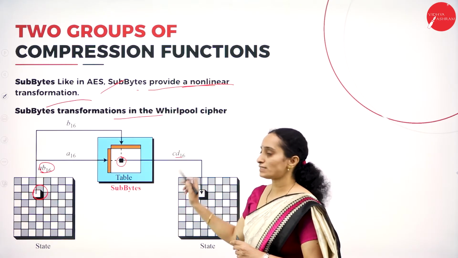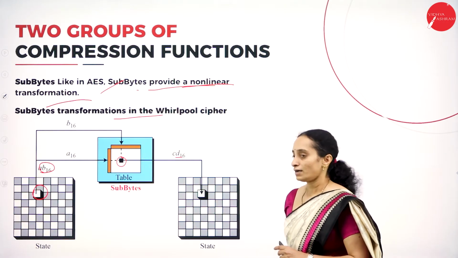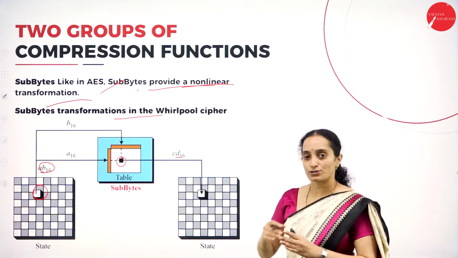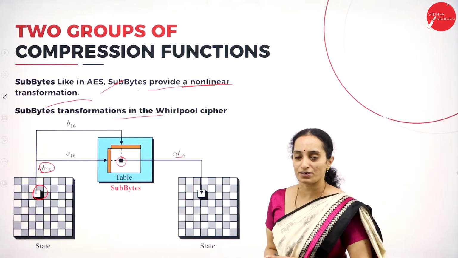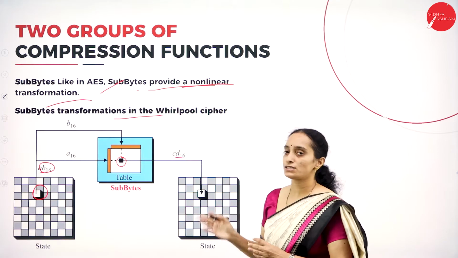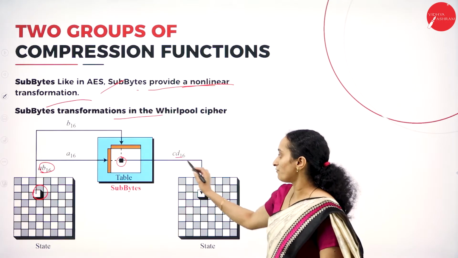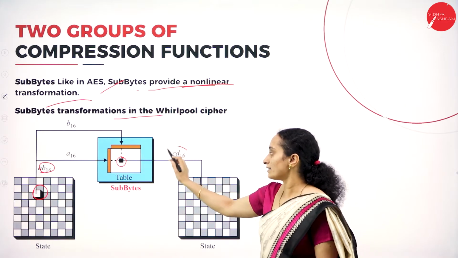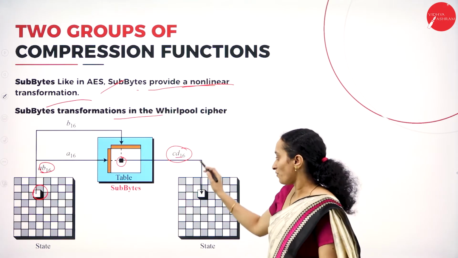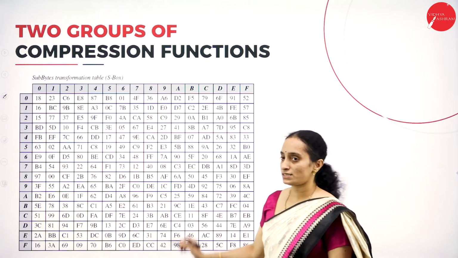The transformed value will be converted to another state to make it ready for the next step, the same as in the AES cipher. So the same method is used in the Whirlpool cipher: we transform from one state to another, using this table.